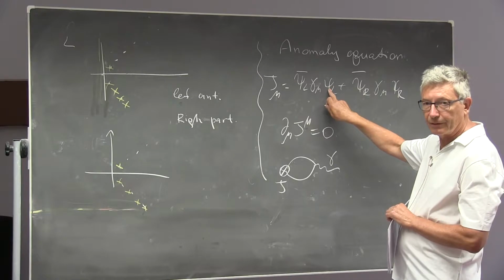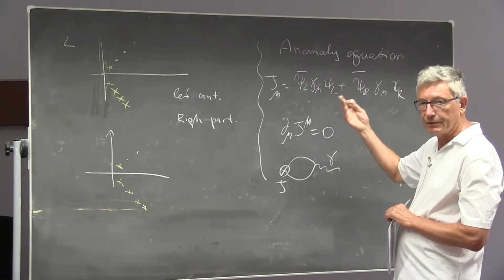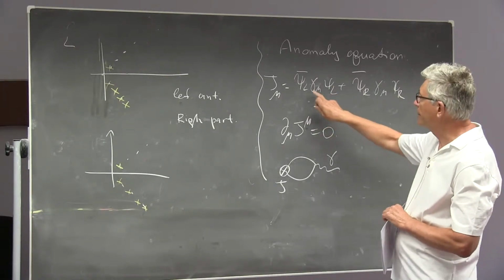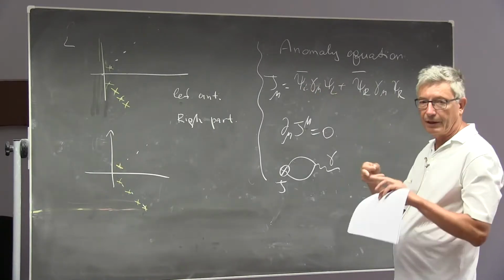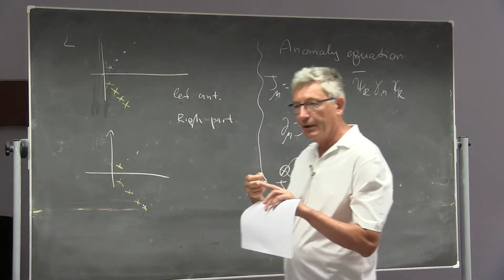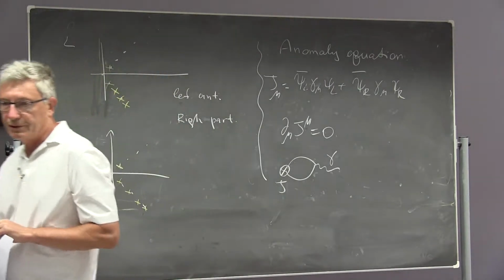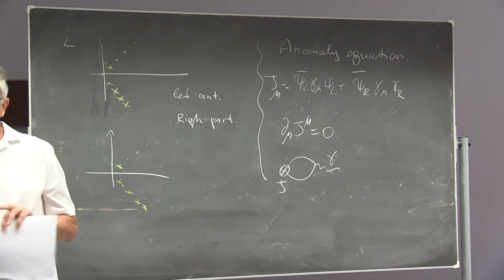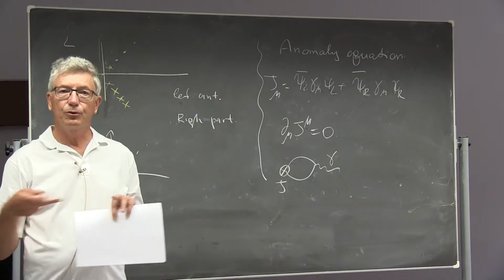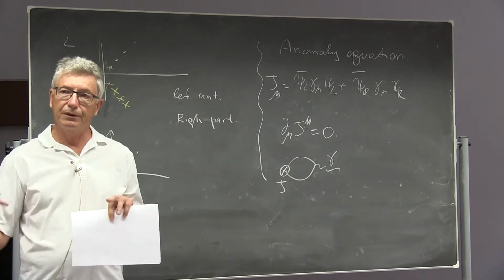Here, as you know, there is a subtlety in quantum field theory. These fields are taken at the same point, and since they are taken at the same point, there are divergences associated with that. So you have to regularize this current. You have to do that in such a way that the product is gauge invariant.